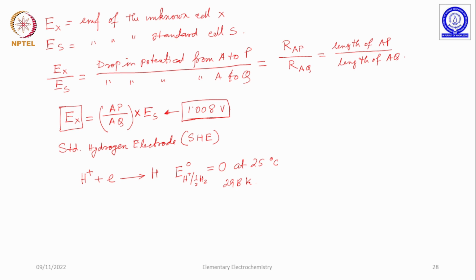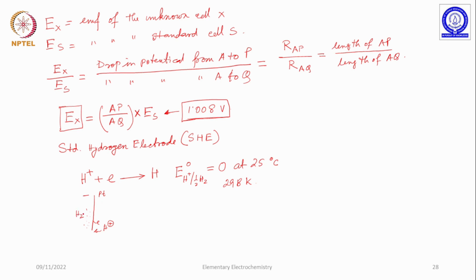If you use a platinum wire as electrode, this electrode is a negative electrode. So, H plus ions will come close to it, take the electron from the electrode and bubble along the electrode as hydrogen gas.